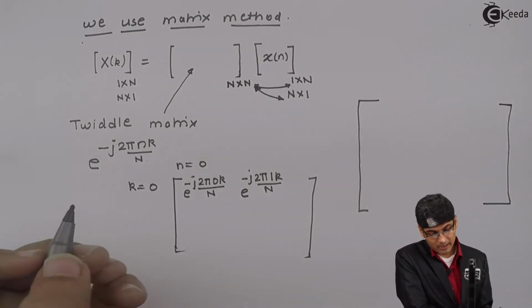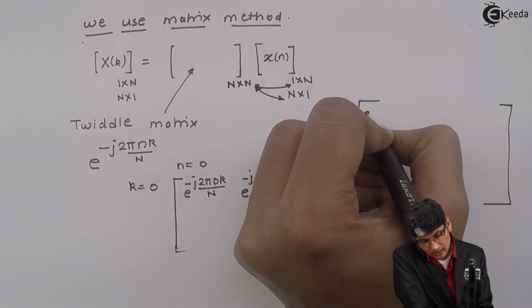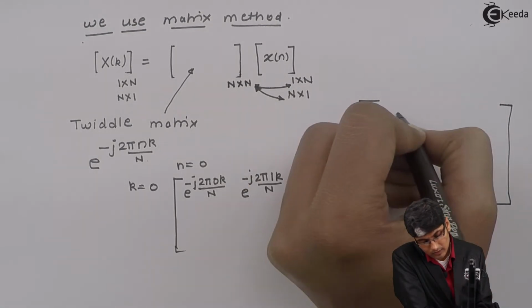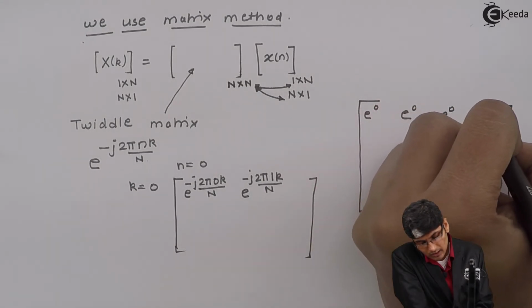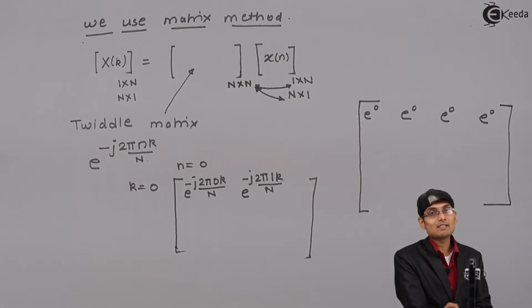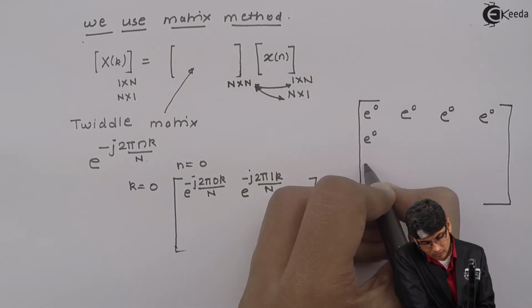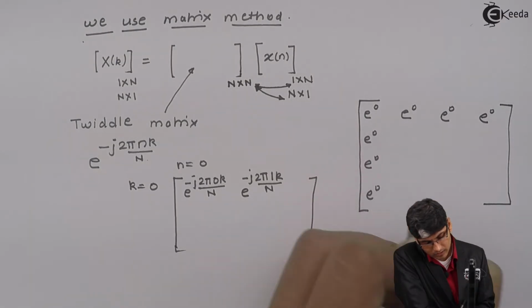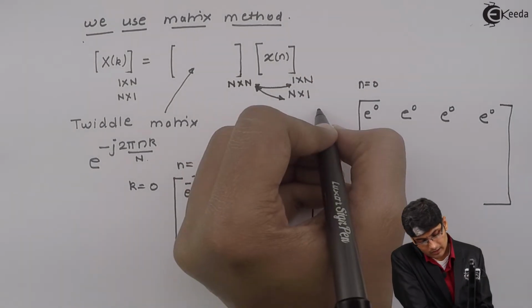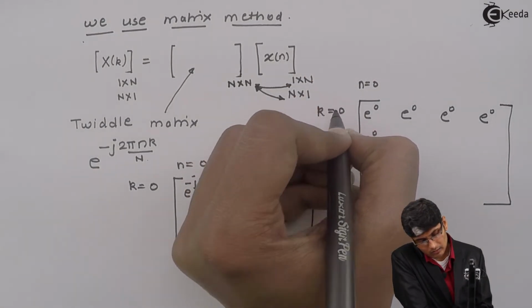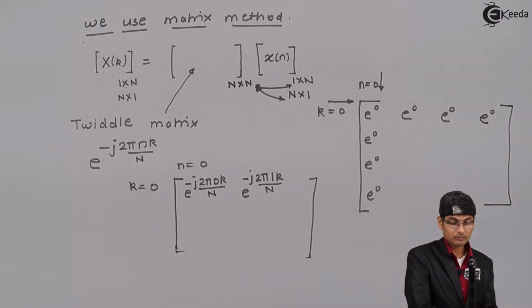So, for the complete matrix, I will get e raised to 0, then again e raised to 0, e raised to 0 and e raised to 0 if my n is equal to 1. Then I will get here also e raised to 0, e raised to 0, e raised to 0. Here is n 0 and here is k equal to 0. So, k is going like this, n is coming like this.